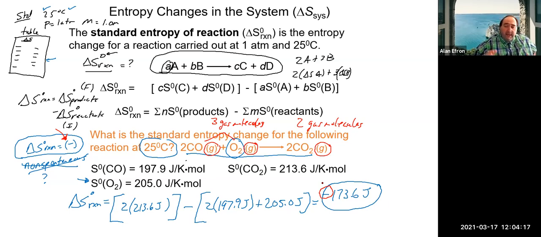So in this case, because we have fewer gas molecules, we're creating more order. There are just fewer things flying around, so there's more order. And we would make a very good prediction here, as we see with the calculation, that we should end up with a negative value. Question on that?